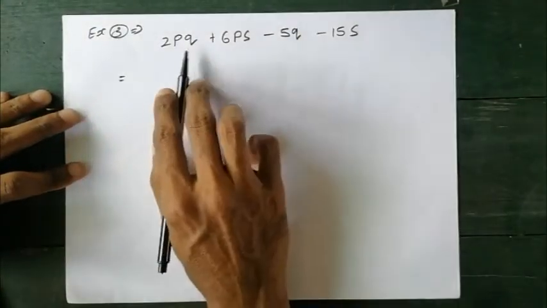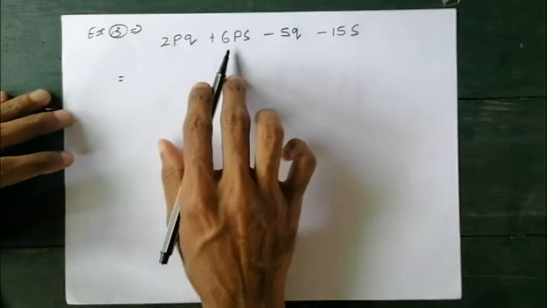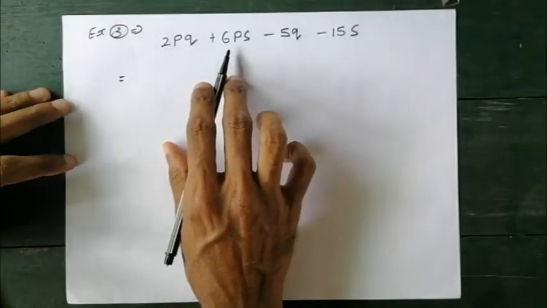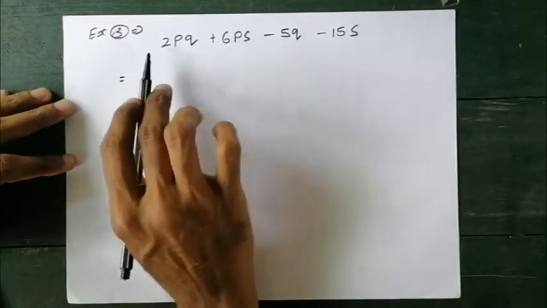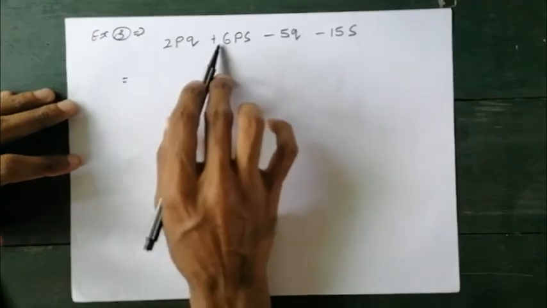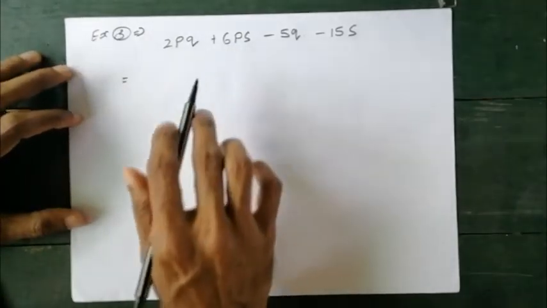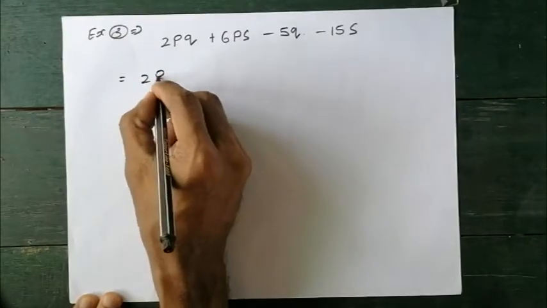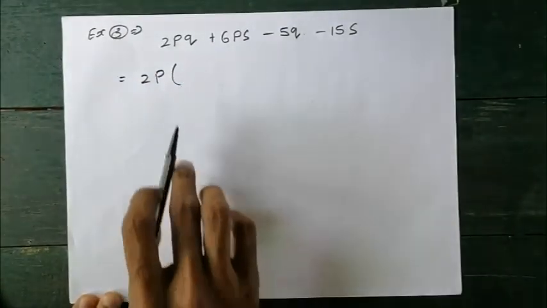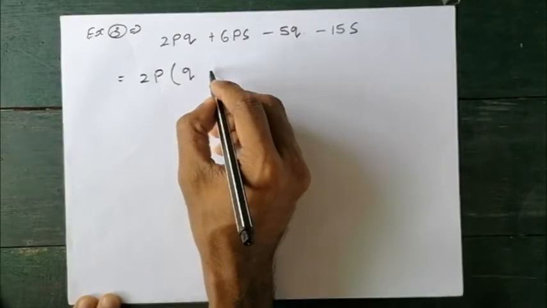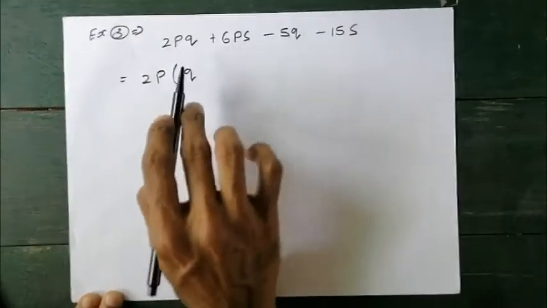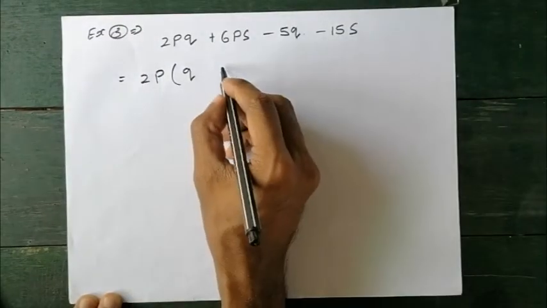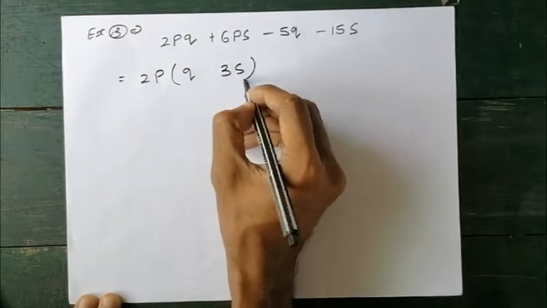From the first two we are going to take out common terms or common numerical values. We have p and we have 2 from both first two terms. Okay, so 2p is the common term, so the remaining is q, and 6 divided by 2, it's 3s.